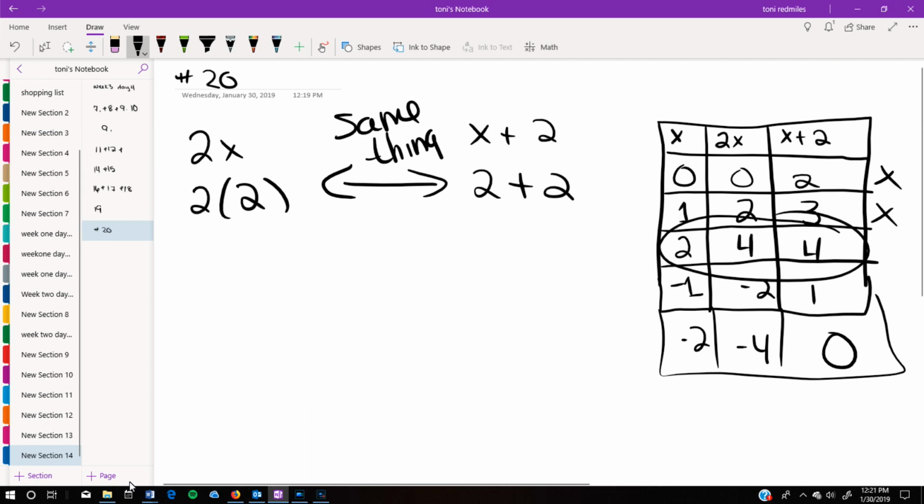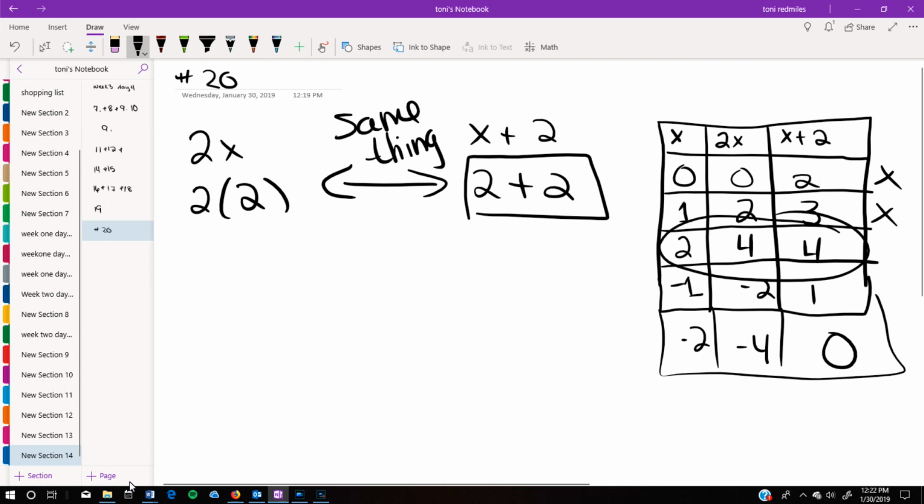Because multiplication is just repetitive addition, and this says I have 2 2's being added together. Guess what this says? You have 2 2's being added together. So it just so happened at this one point they both were saying the same exact thing, okay?